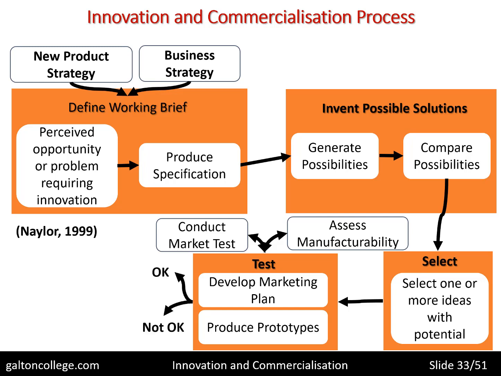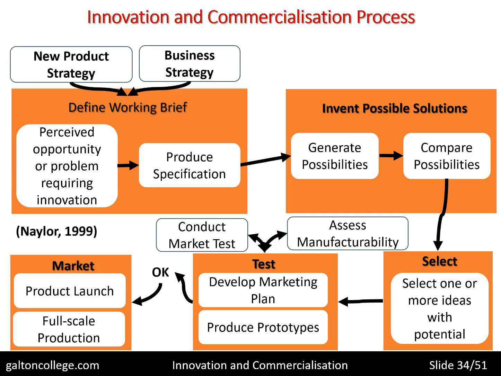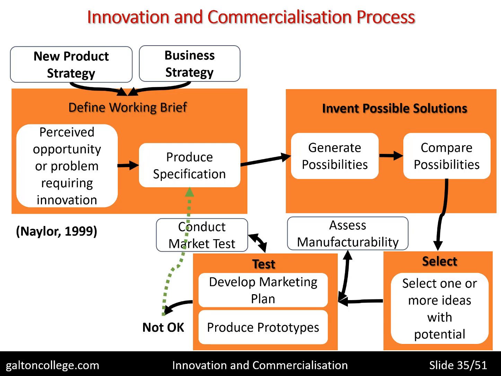If it's okay or it's not okay at the end of the testing, then the decisions must be to, if it's okay, to launch the product and enter full-scale production. That's if it's okay, if everything goes according to plan. If it's not okay, perhaps it's necessary to go back to the product specification and review it again to see if any changes can be made to the product specification that will overcome any issues.